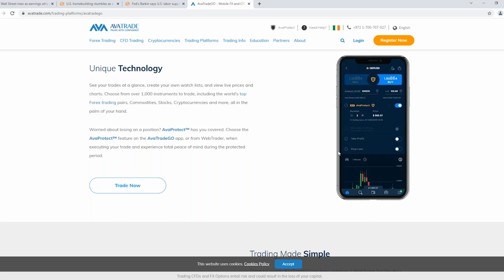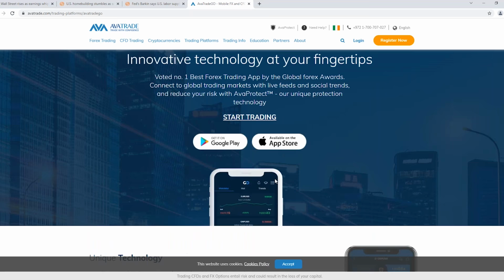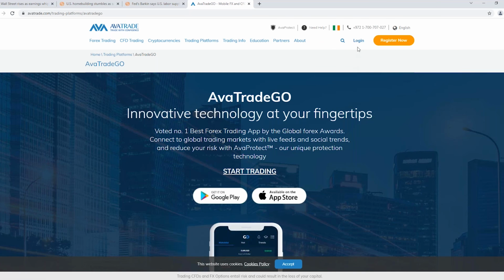So it doesn't matter if you're trading on Euro USD, if your account is in GBP or some other currency, it'll calculate your risk and potential profit into your account currency based on your trade size and the prices you enter for stop loss and take profit. So really cool risk management features. You also find those features on our web trader. So if you log in from here, you will find yourself in our web trader platform, which has those features and others.